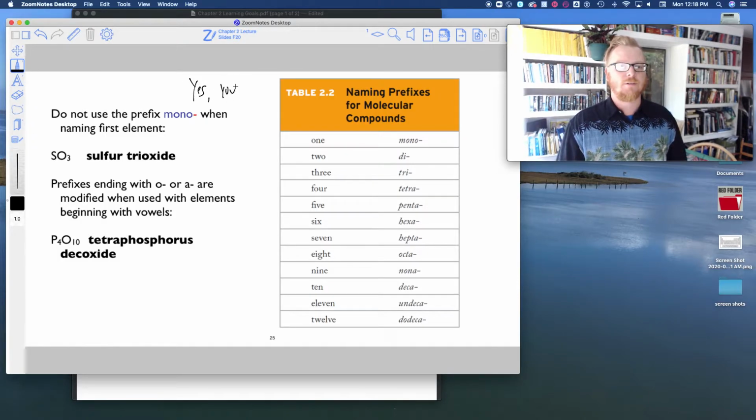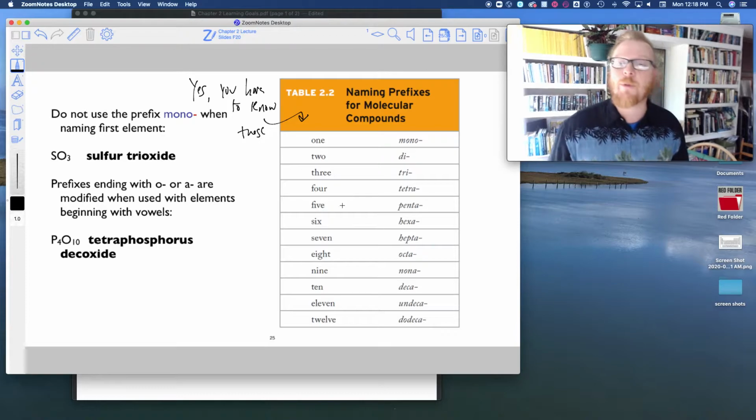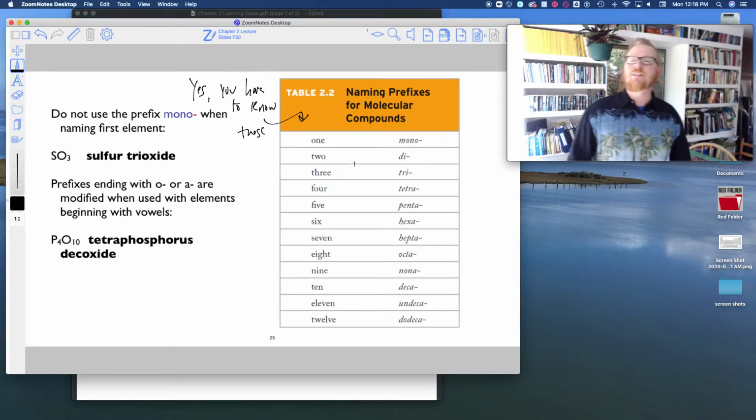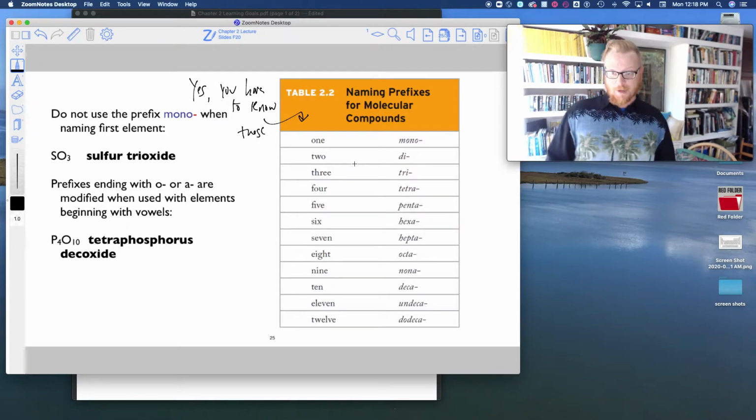Yes, you have to know these. Make some flashcards. This is not going to be the only table in this list that I tell you you have to know, so you have to make a bunch of flashcards.